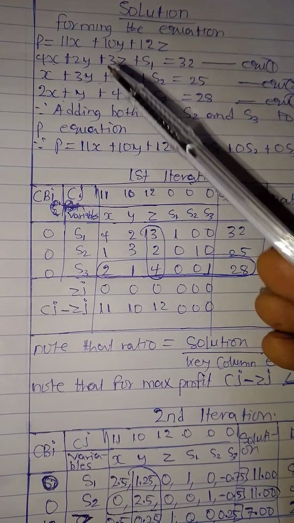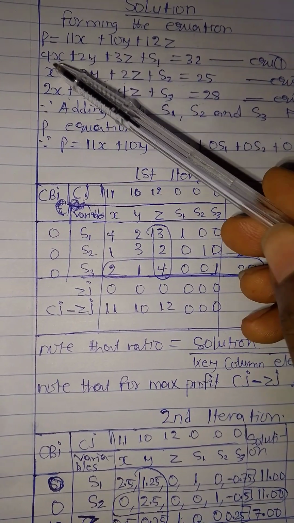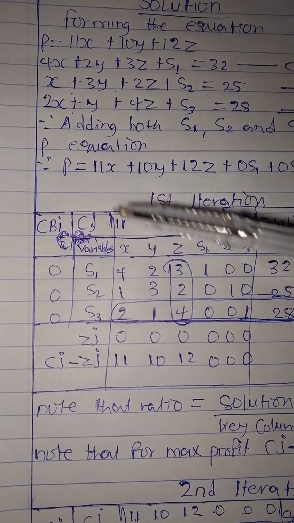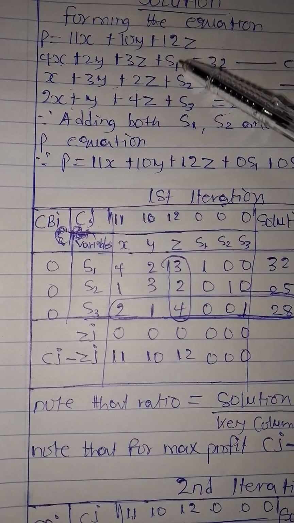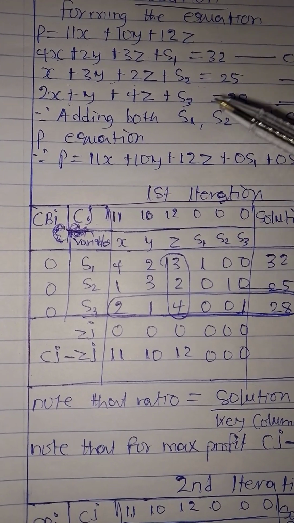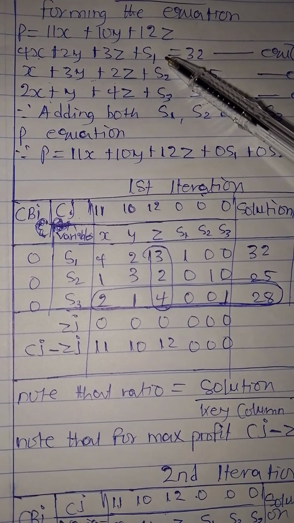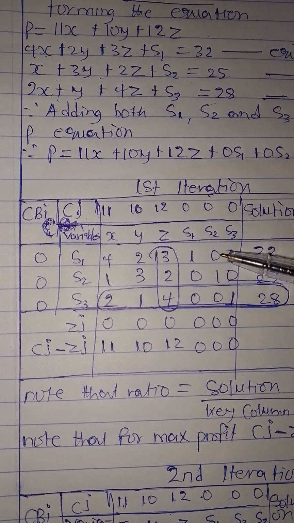So if you come for equation 1, the value for x is 4, I put 4. The value for y is 2, I put 2. The value for z is 3, I put 3. The value for x1 is 1. And also, for equation 1, we don't have x2, we don't have x3, so I put 0, 0.